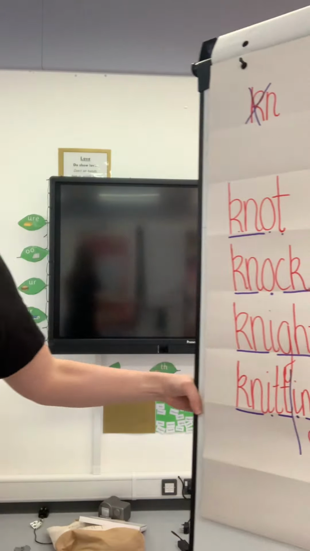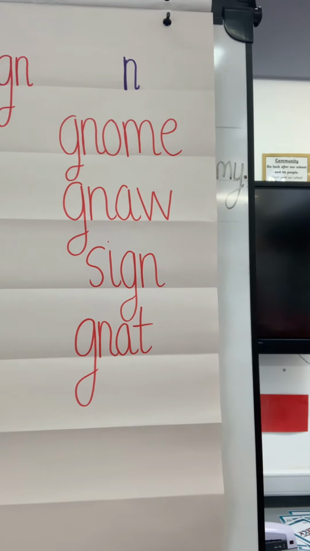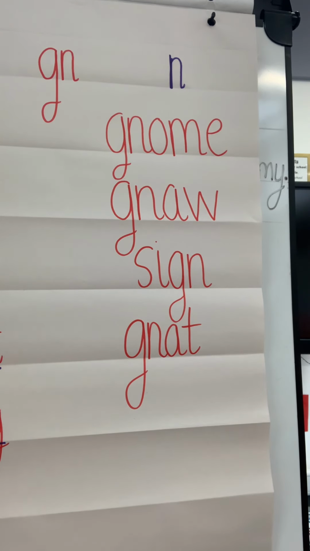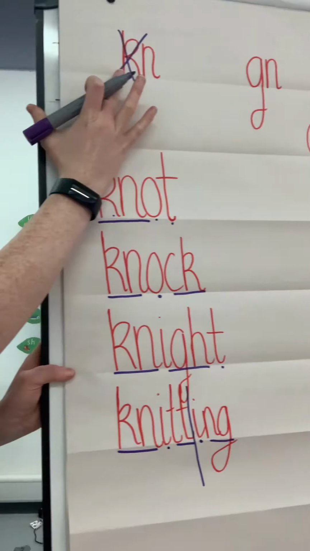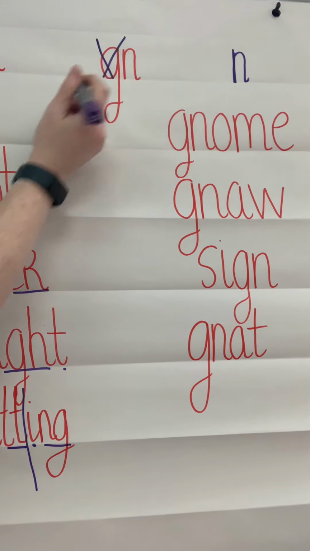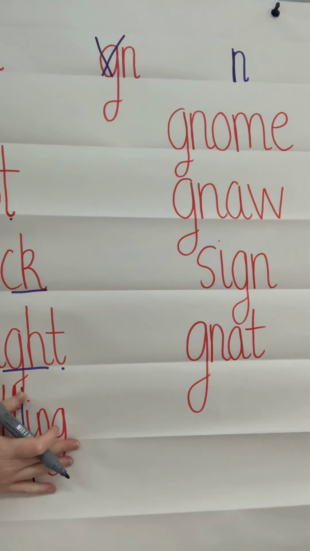Fantastic. Okay, next one. Now we're going to have a look at words which have the G and N. And again, just like our K and N, we need to imagine that that G is not there, because we just say the sound N. So let's try this one.